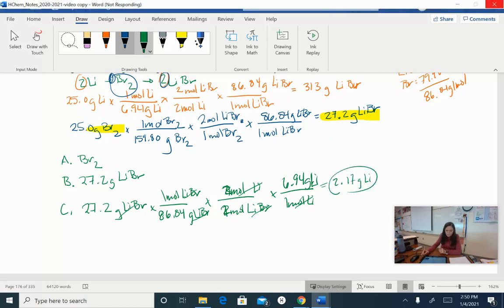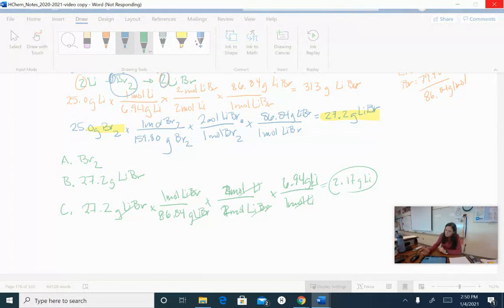Now I started with 25 grams of lithium, right? So when I start with 25 and I use up only 2.17, I'm just going to take the 25 and subtract the 2.17.